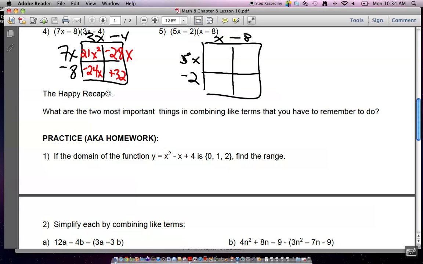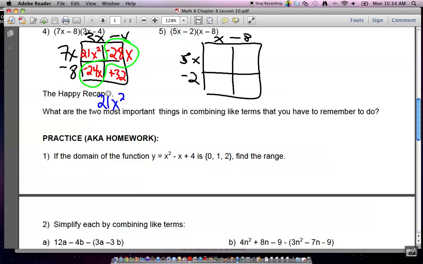Now, at this point, it's very, very, very important to remember the Fuji peanut. This is what Fuji used to do all the time. Now, the only box in here that has an x squared is the first box. So that is 21x squared. There is no other like term to combine it to. Now, inside the Fuji peanut, what you're really doing is saying, look, these two things are alike, so they go in the same bucket.